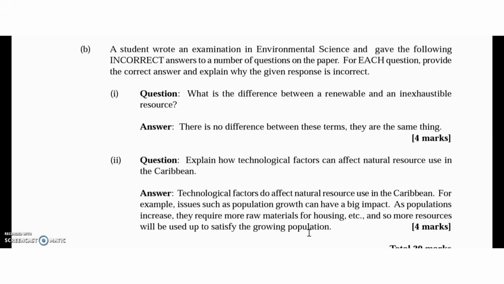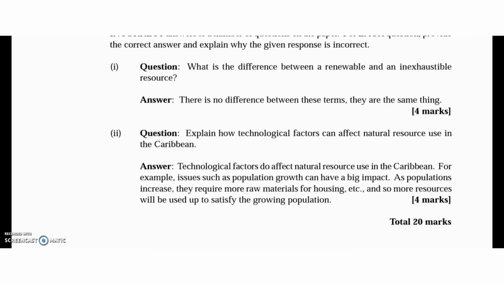Technological factors have to do with the use of machinery in terms of the exploitation, processing, and overall extraction and use of resources, changing those resources from their original ore and manufacturing or producing a completely new product. What he mentioned in his answer was incorrect because he spoke about demographic factors, not technological. So keep that in mind for me, please.